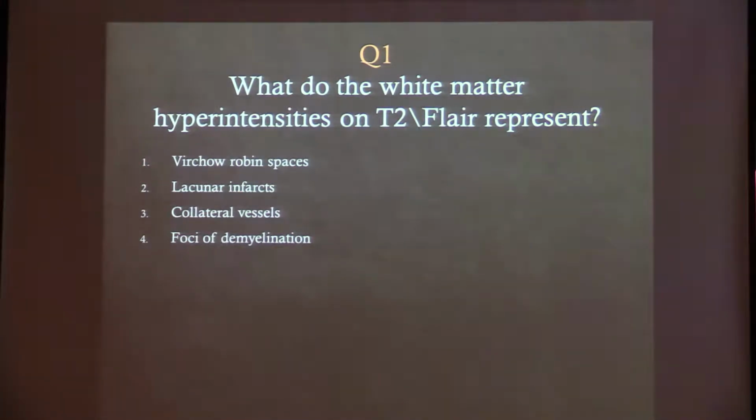The first option is Virchow-Robin perivascular spaces. The second option is lacunar infarct. The third option is collateral blood vessels, or the third option is a focus of demyelination.